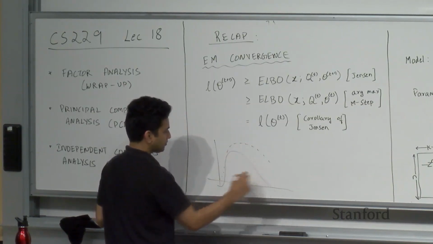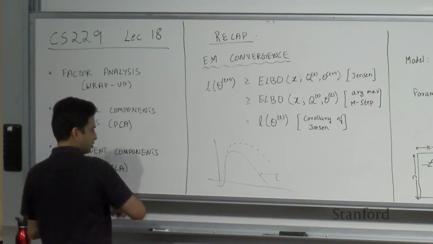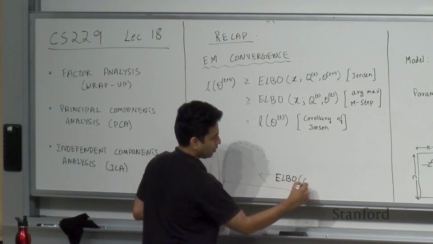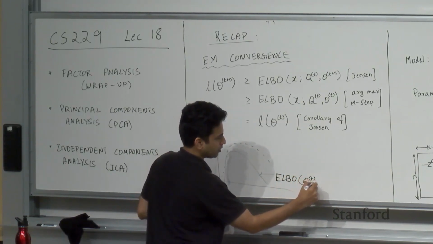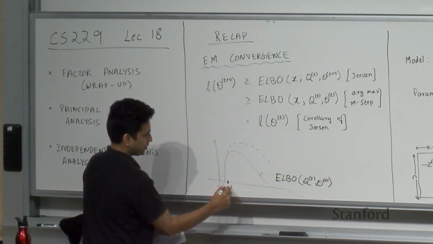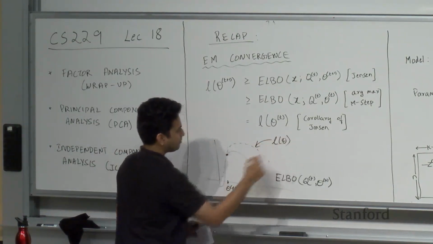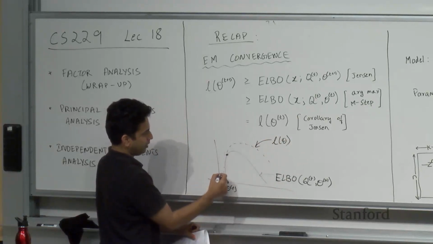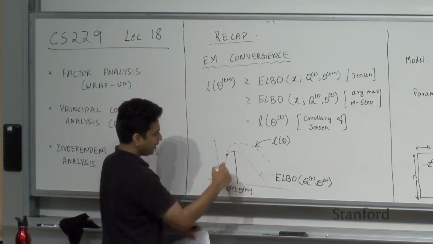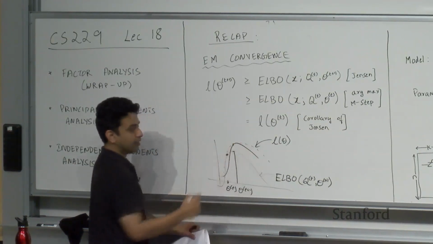So at theta t, this is the ELBO of q t and theta t. If this is theta t, it is tight at the likelihood. So this is just L of theta, and this is the ELBO, where at theta t it is tight, and then we maximize it, and we get theta t plus 1, and we construct a new ELBO that is tight at theta t plus 1.